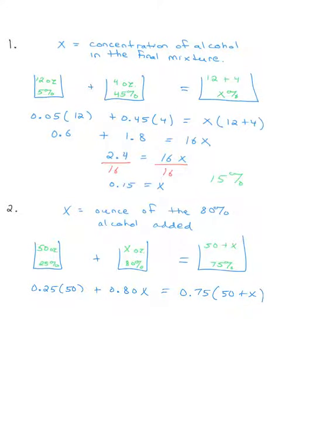All right, so we get 12.5 plus 0.8x is equal to, and I distribute the 0.75, we get 37.5 plus 0.75x. I will subtract the 12.5 from both sides, and at the same time also subtract the 0.75x from both sides.